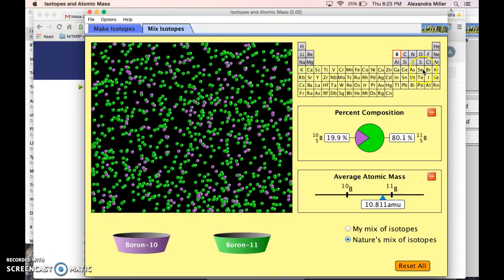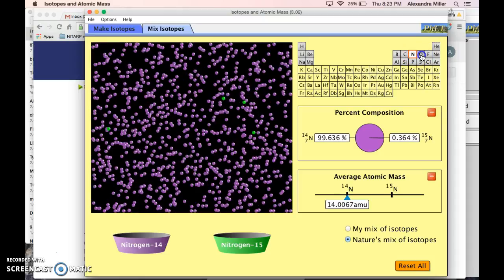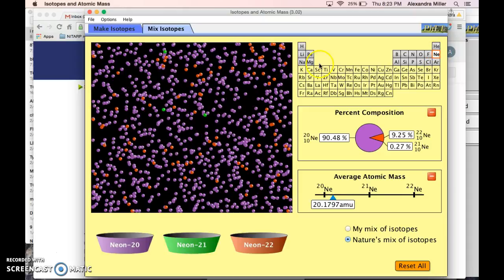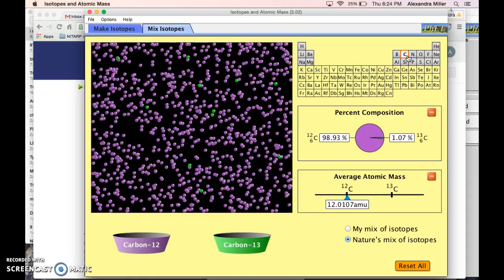I'm going to venture a guess here that carbon is going to have... No, it's not a good mix. Let's play around with it until we get another one that has a good mix. As you can see, most elements really have one most common isotope, and an overwhelming number of carbon atoms are carbon-12.